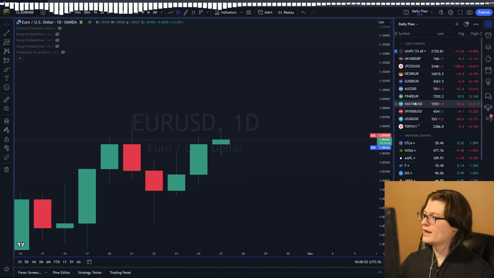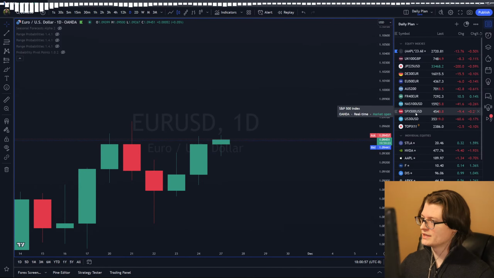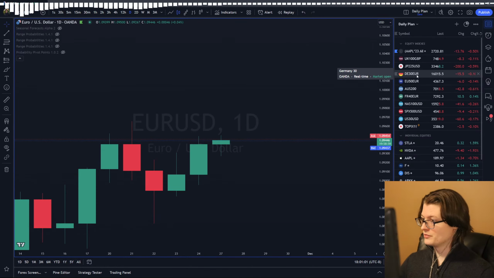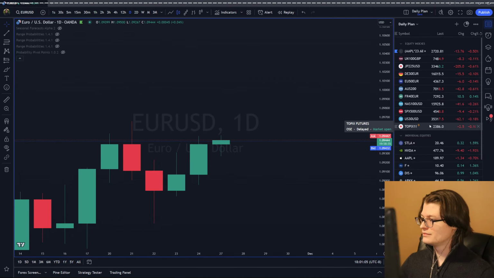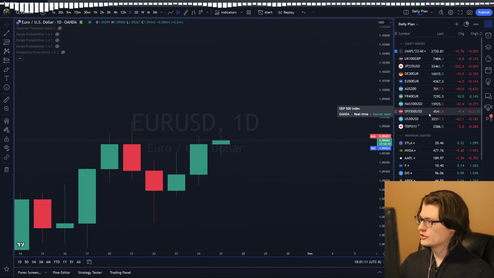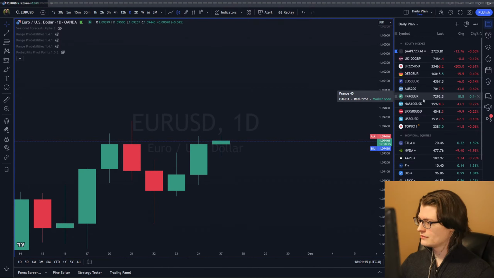Yeah, I do not have the New Zealand stock market here in my equity indexes. I have Japan, the UK, Germany, Europe, Australia, France. Right now, everything looks like it's opening up red except for France's stock market.